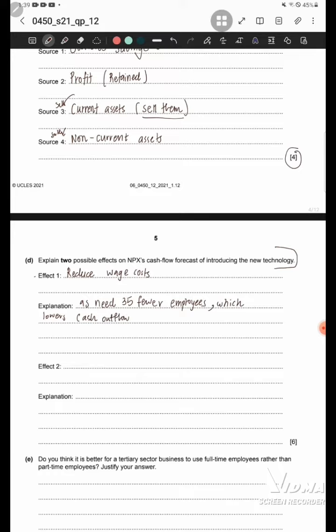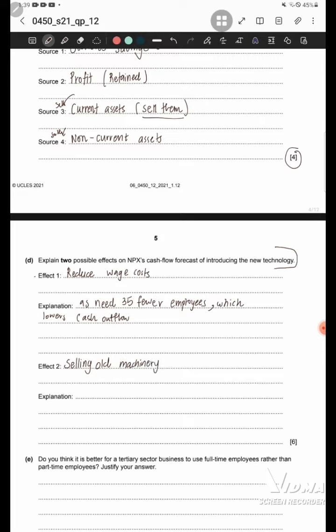Our second effect of introducing new technology, the old machinery could be sold since it is also no longer needed. Selling old machinery.